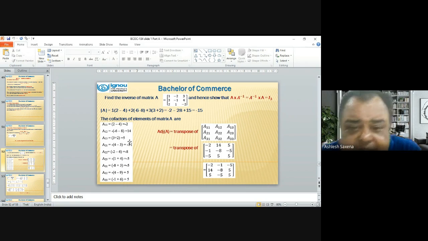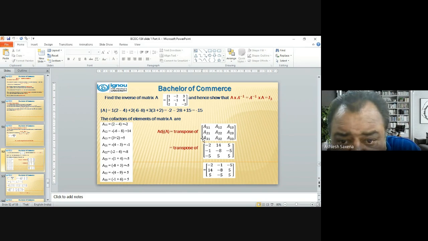Now these are the cofactors. Your adjoint is the transpose of the cofactors. That means rows will be replaced by columns. The cofactors are: minus 2, 14, 5, 1, minus 1, minus 8, minus 5, 5, 5.